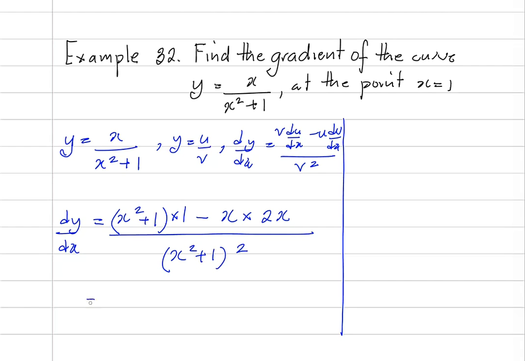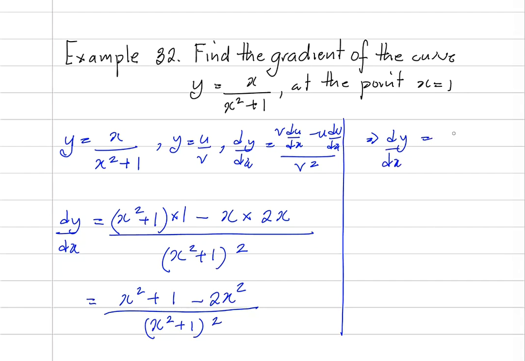So at the top we're going to have x squared plus 1 minus 2x squared, all over x squared plus 1 all squared. So therefore dy by dx would be equal to 1 minus x squared at the top, and at the bottom we have x squared plus 1 all squared.